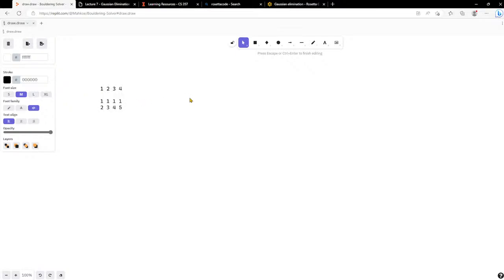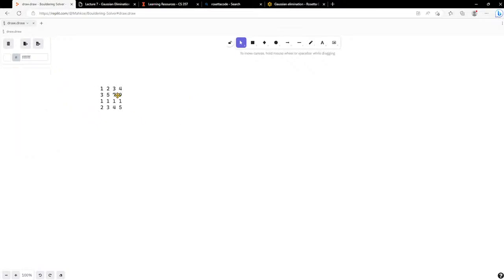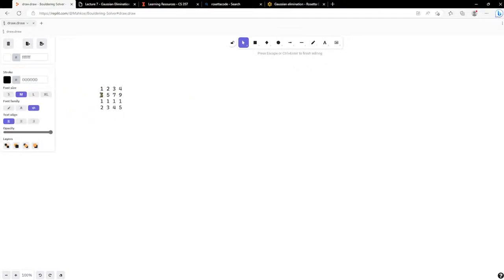And I guess I'll do 5, 7, 9. So I intentionally created this row and this row to be linear combinations of this row and that row. And why not?